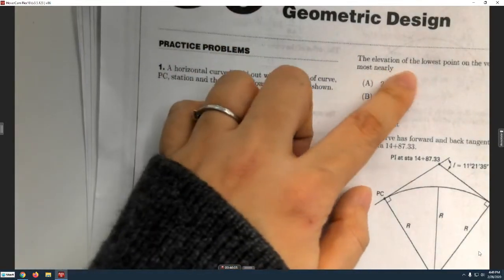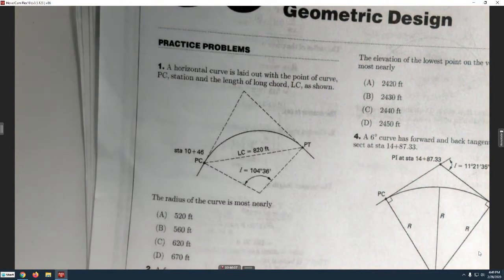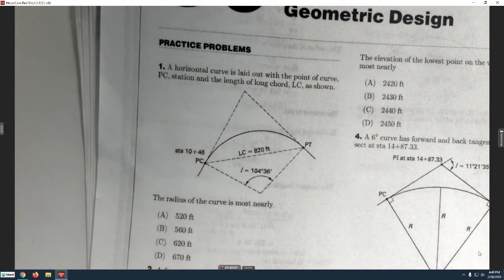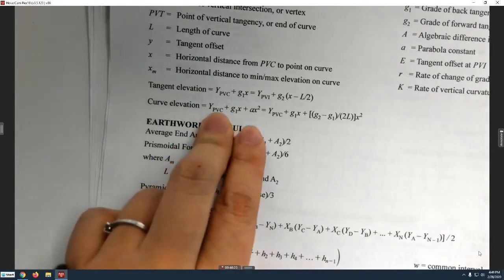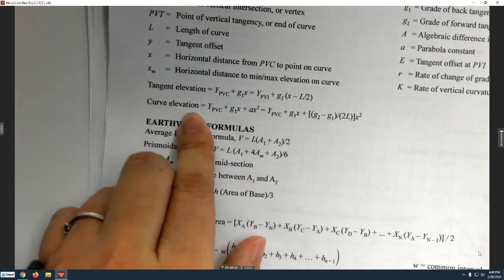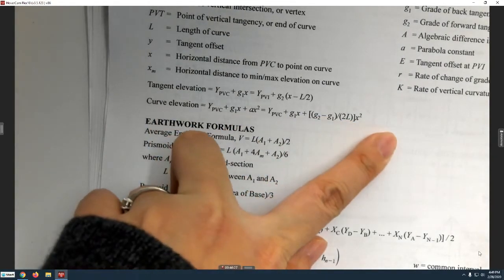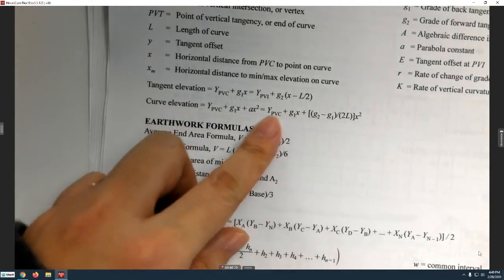It asks for the elevation of lowest point. I know in class we have learned a lot of equations. There are simple ones you can use, but if you don't remember all of them, you can always use the most general case, this one, curve elevation. Okay, this is on page 132.